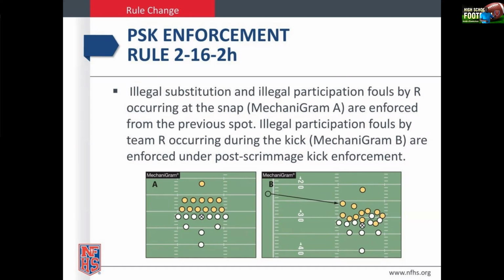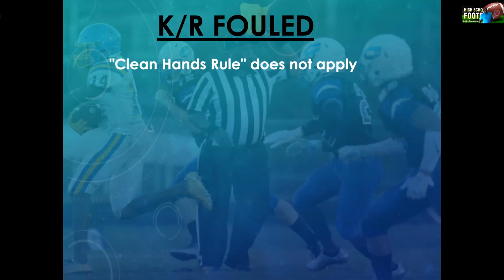So we're going to bring the ball back, and we're going to mark off 15 yards from the previous spot for K. However, in B, let's say they had 11 on the field to begin with, the ball was kicked, and then let's say there's only 10 on the field, and then 11 ran on the field, or a 12th person ran on the field, whatever the case may be. Now we got an illegal substitution, illegal participation again, but because it happened after the kick, it becomes a PSK. Confusing, right?